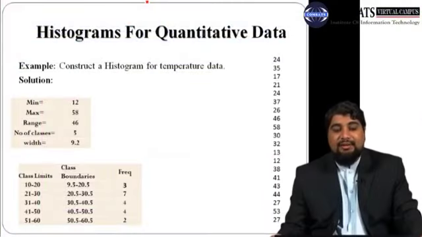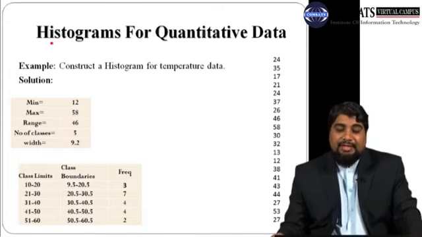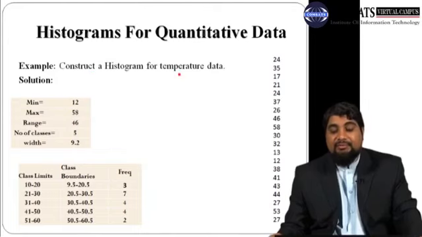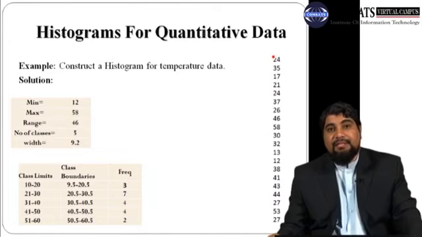Now let us discuss how to construct histograms for quantitative data. Let me explain the idea of a histogram with the help of an example. Consider the example: construct a histogram for the temperature data. Here is the data which we have discussed in our previous lectures.